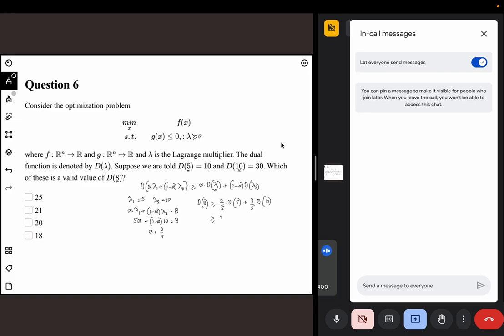So this will be greater than or equal to 2 by 5 times 10 plus 3 by 5 times 30, that is 22. We need to have d of 8 greater than or equal to 22. Only one option, so that's fine. We cannot get the exact value, but we know for sure that d of 8 will be greater than or equal to 22. This is just from using the concavity relation.